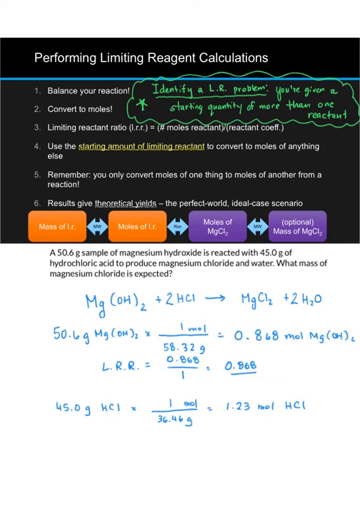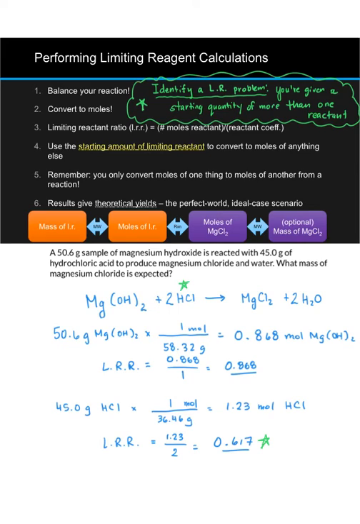The limiting reactant ratio for hydrochloric acid is the number of moles of HCl, 1.23, divided by its stoichiometric coefficient of 2, which results in a ratio of 0.617. Relatively speaking, hydrochloric acid is actually present in the smaller amount because we require twice as much HCl as we do Mg(OH)2 every time this reaction produces products.